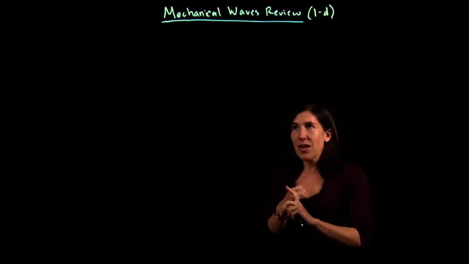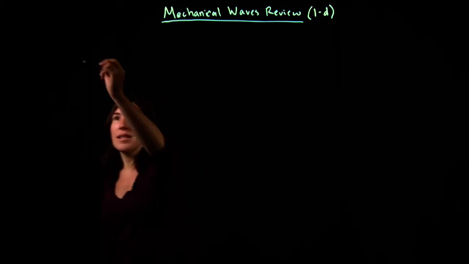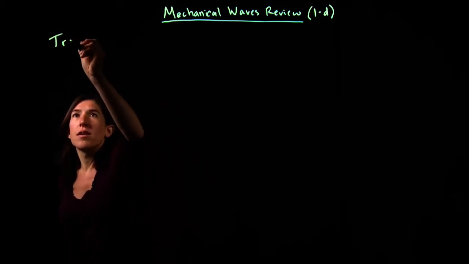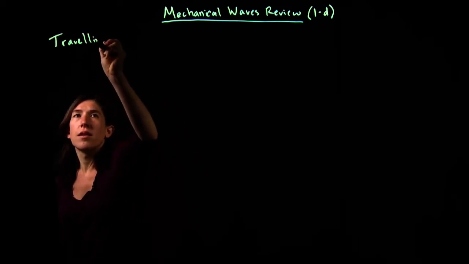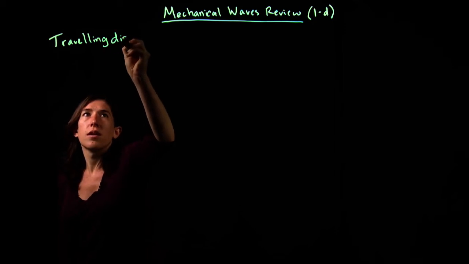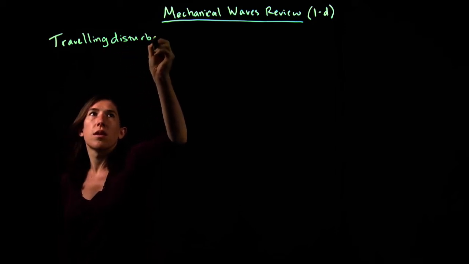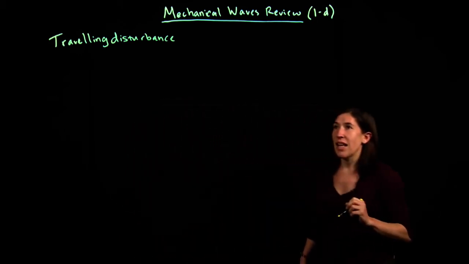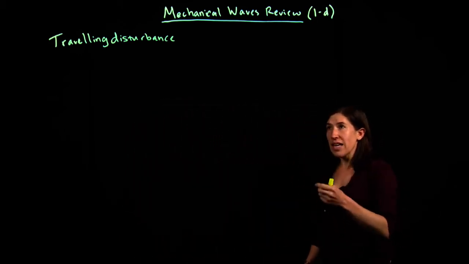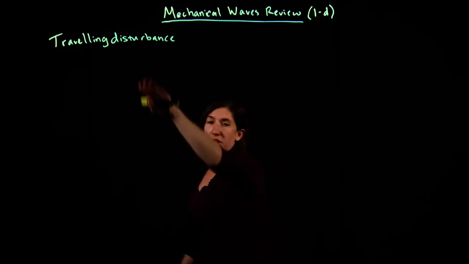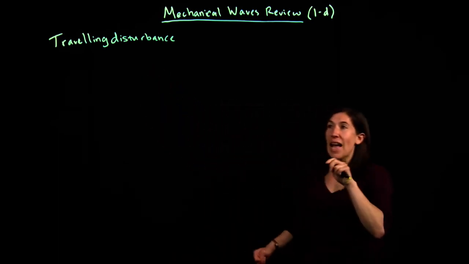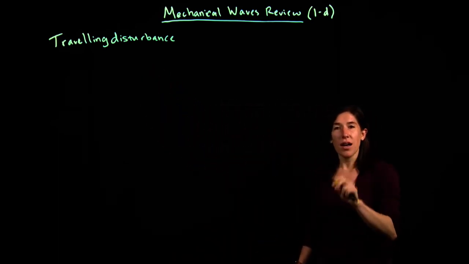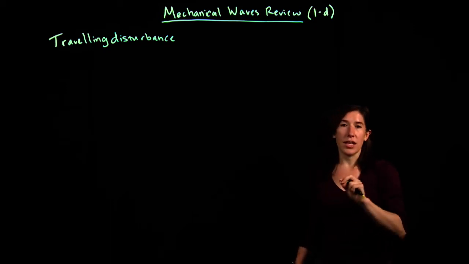The first part, I said it's a traveling disturbance. That's really to point to the fact that in any type of wave, it's a disturbance that's traveling. It's energy that's traveling. It's not the material itself.